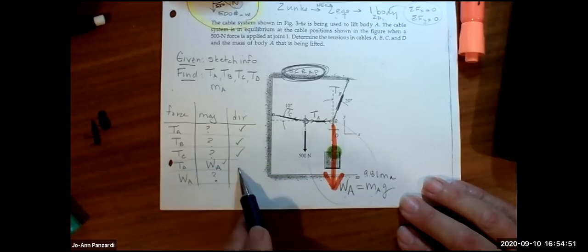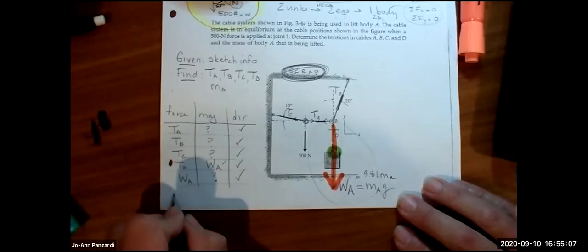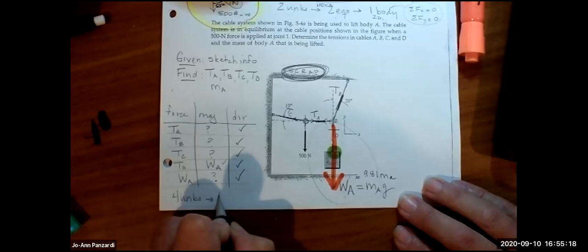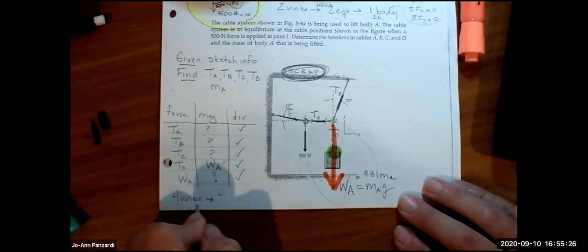Marcine, do you know the direction of TD? Yes. Do you know the direction of the weight? Yes. So how many unknowns do you have total? Four, technically, because of weight A. If we have 4 unknowns, how many equations do we need to solve them?